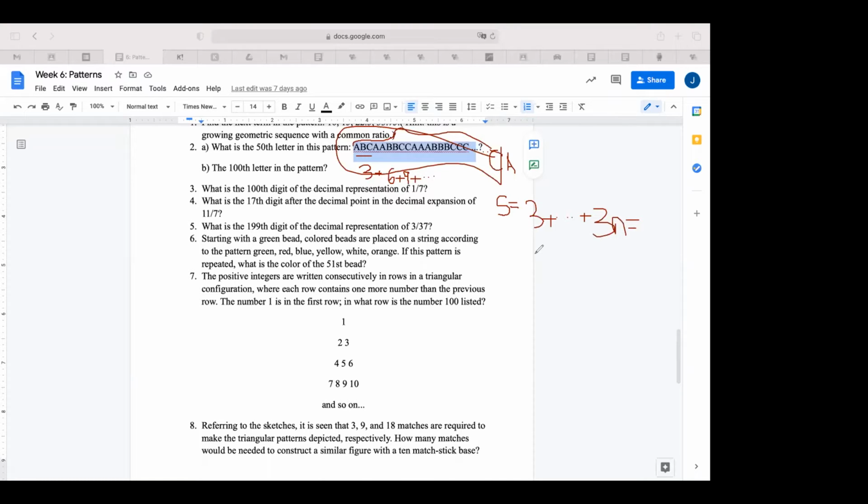And that, using our arithmetic sequence formula, is (3n plus 3) times n over 2, since there are n terms. And that's the greatest that's less than 100.